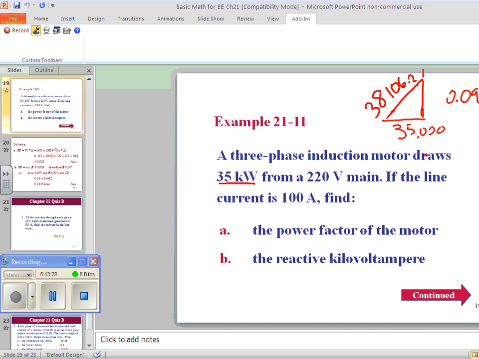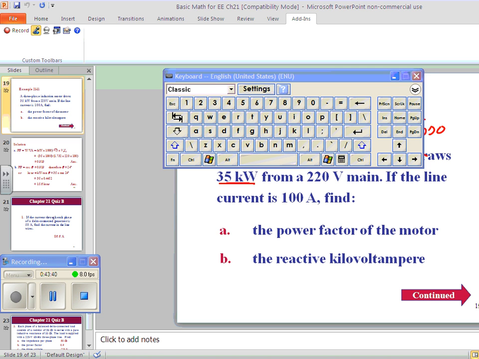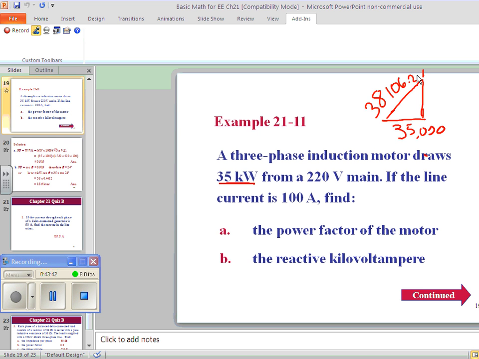Leave the whole number. It's just zero. Wait, stop. 0.9184. No, that's not what I have. I don't want that.